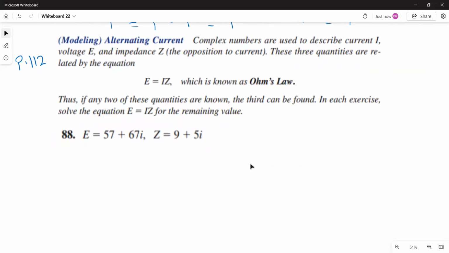Okay, so we know E and Z. We are going to find big I. So set up the equation: capital I times 9 plus 5i is equal to 57 plus 67i.